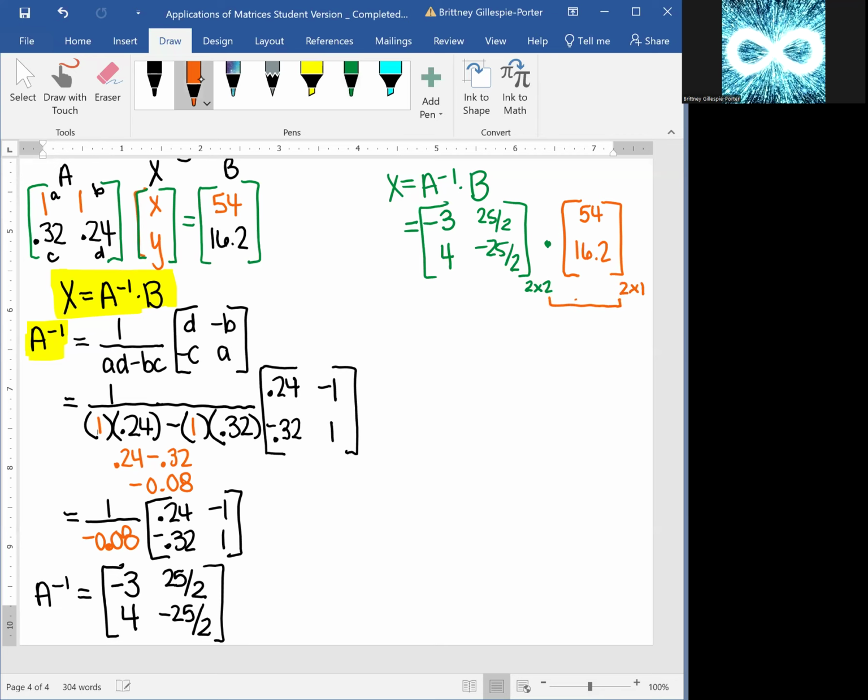To double check that we can do this, the middle pieces are the same, and we're going to wind up with a 2 by 1 as a result. Since we're going to wind up with a 2 by 1, I'm not going to put in an X diagram. I am just going to make it with one singular bar around my matrix. We know that top is row 1 in the first column, and labeling the bottom would be second row, first column, and that tells us how to do the multiplication.